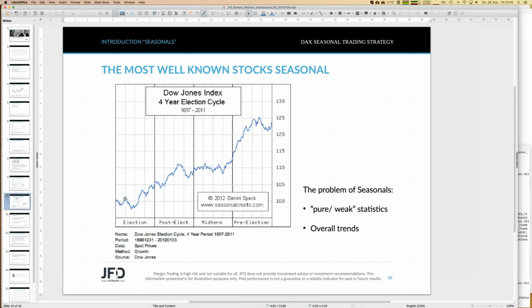So we start within an election year, and we average the Dow Jones for the last 120 years, that will give us the blue line. So if we would start at the election year, you see, okay, the next 2 quarters more or less stable, then at the end it goes up, and so on and so forth.